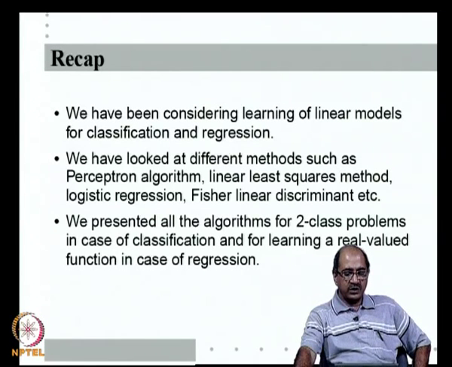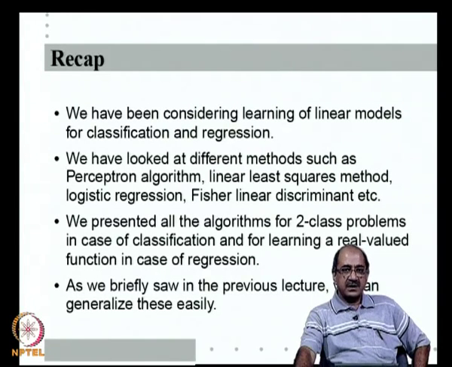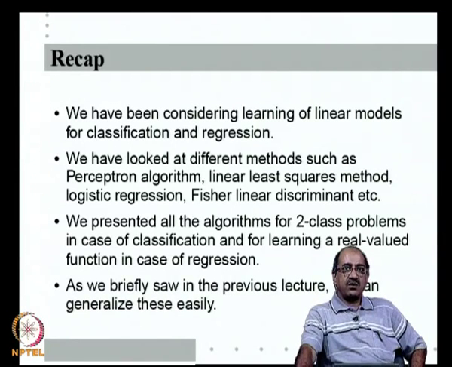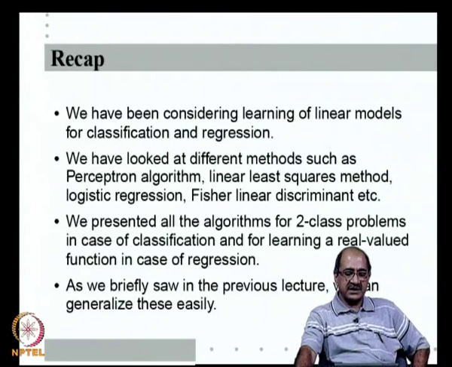So, we looked at only real valued functions in case of regression and two class problems in case of classification. And towards the end of last class, we briefly saw how we can generalize this easily to multiple classes in the classification case and vector valued functions in the regression case.